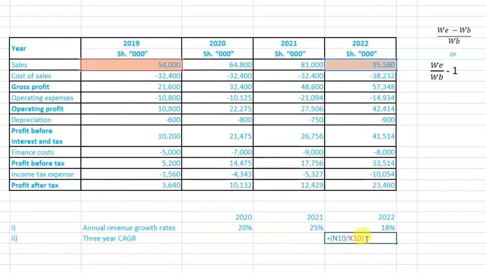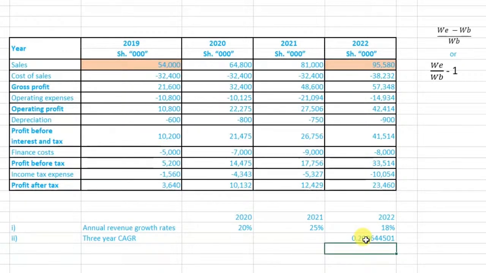You can see 6 on your keyboard, it shows above 6 a kind of power symbol. That represents power. So power, we open the brackets, power 1/3 or a third. And then we minus 1, or we subtract 1. So we subtract 1 over there, and we see what the CAGR is for the 3-year period.